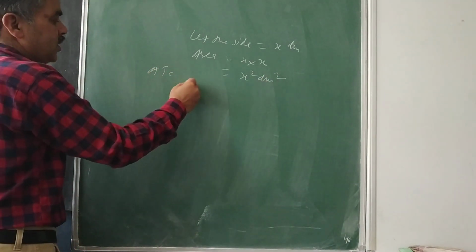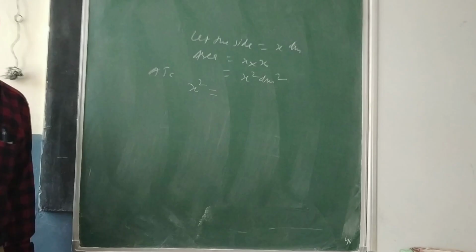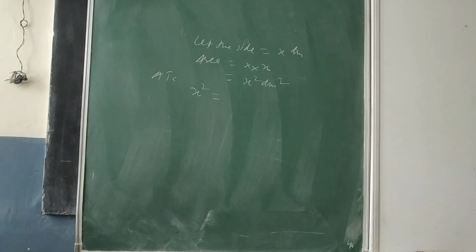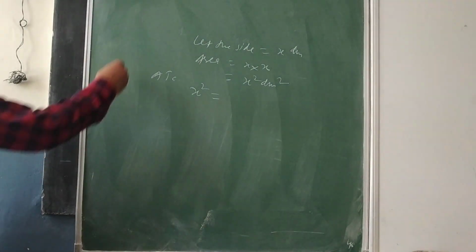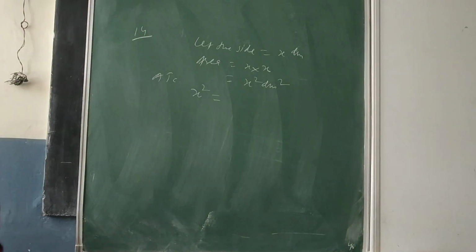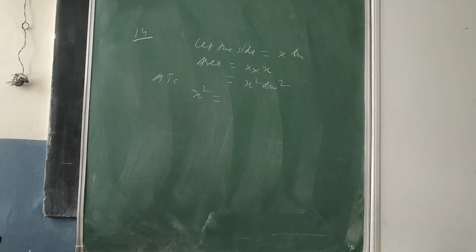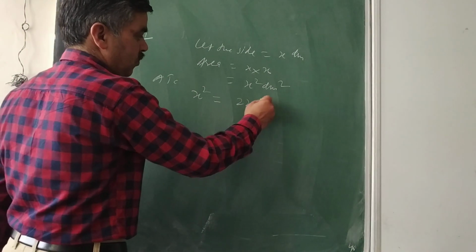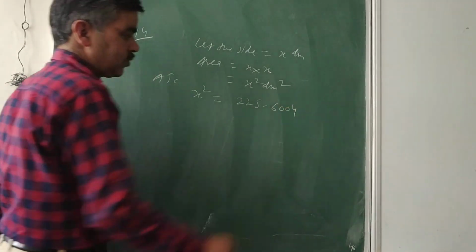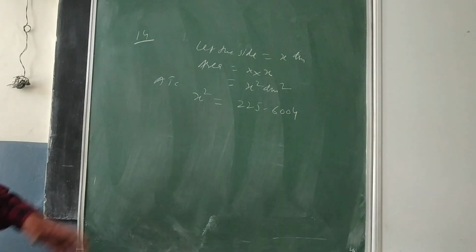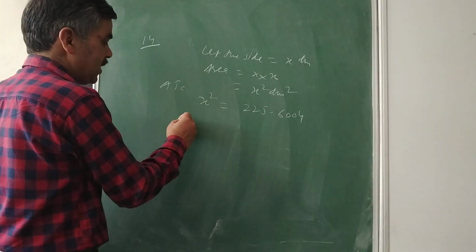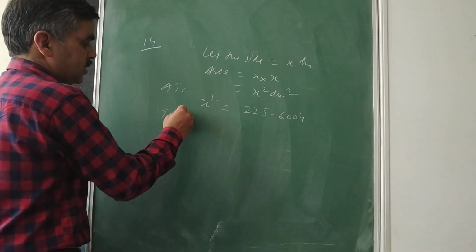Now according to the condition, this x square is given, equal to 225.6004. So again you have to determine the side by taking the square root of both sides.